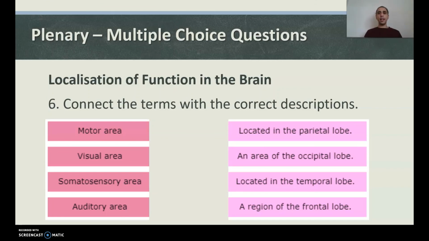Frontal lobe, good. The visual area is found in the back, which is the occipital, good. Somatosensory, that is in the parietal, good, I got it right. And the auditory is located in the temporal. Yes, well done, 4 for 4.